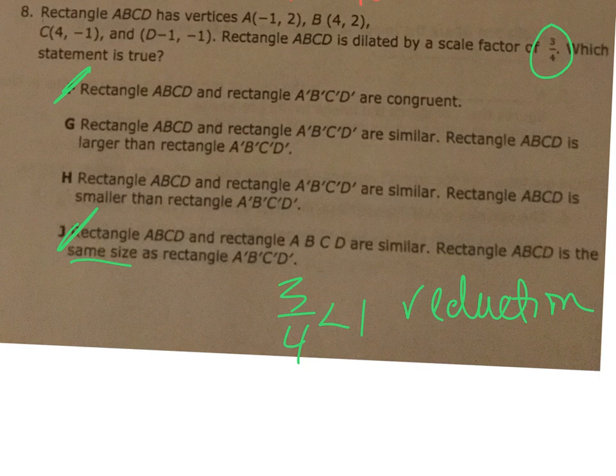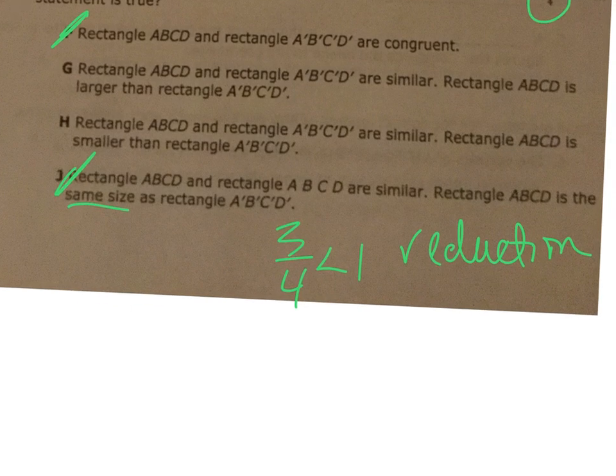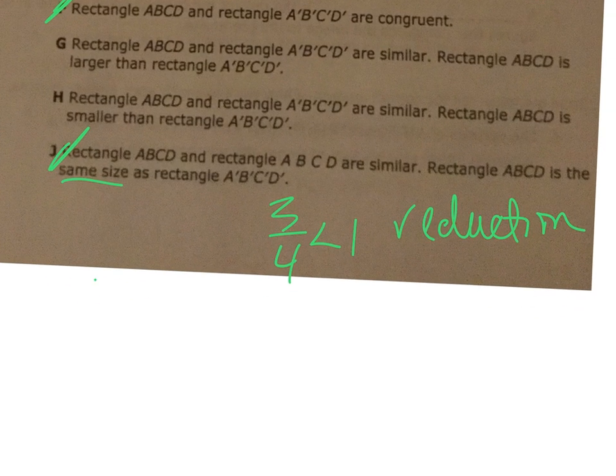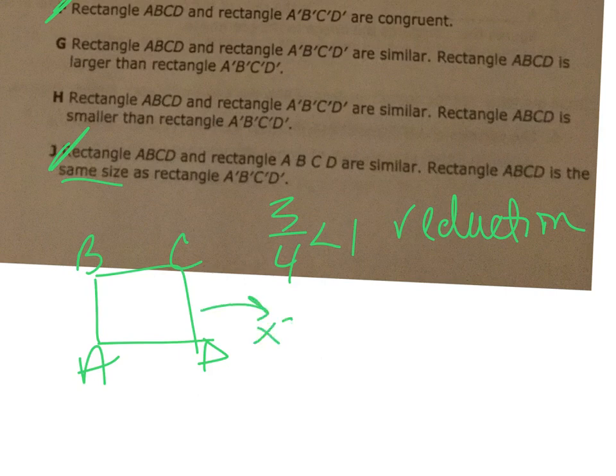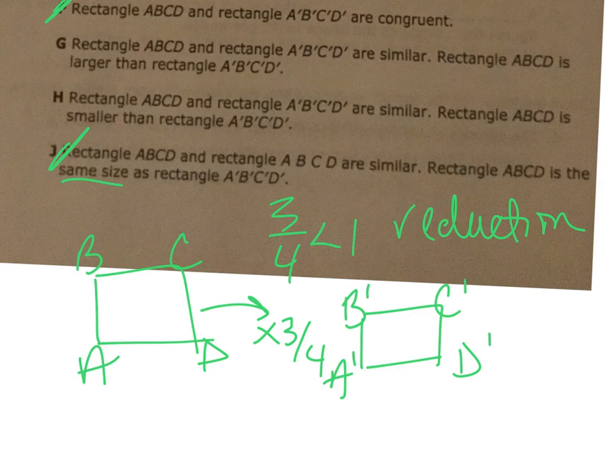So let's draw a picture and make sure we get this the right way. So I have A, B, C, D. I am multiplying by a scale factor of 3/4, which is going to give me a smaller rectangle, A prime, B prime, C prime, D prime.